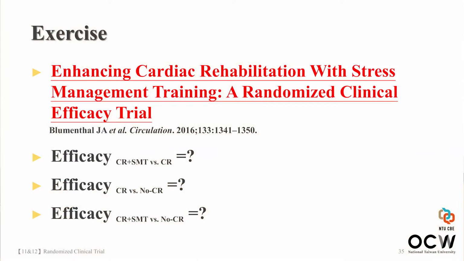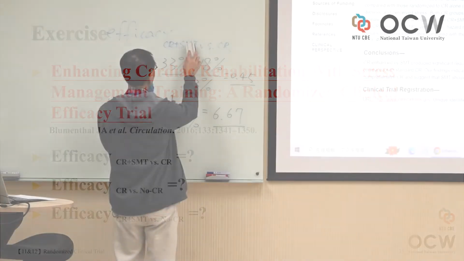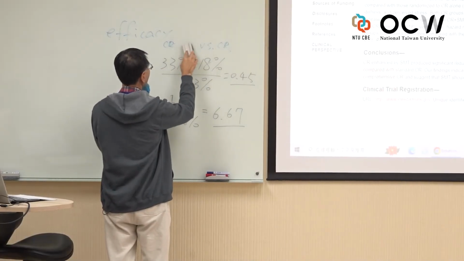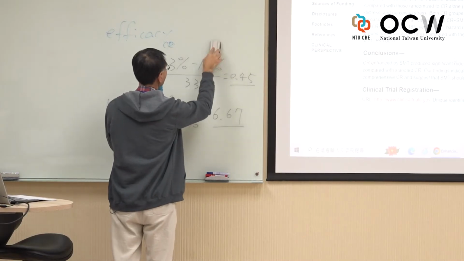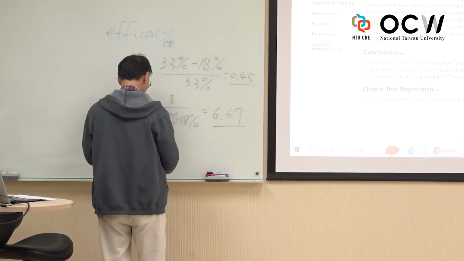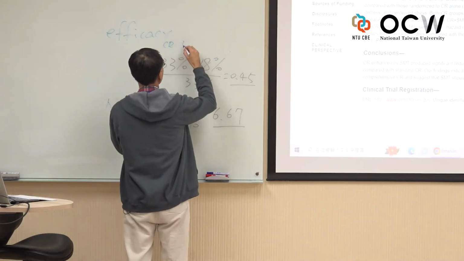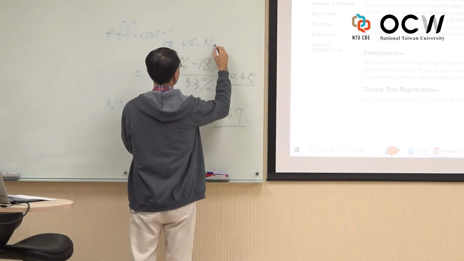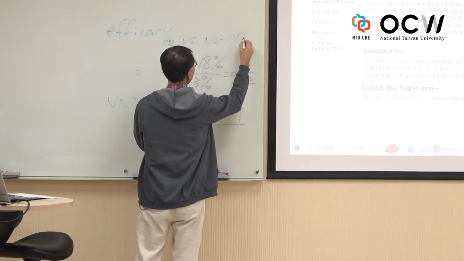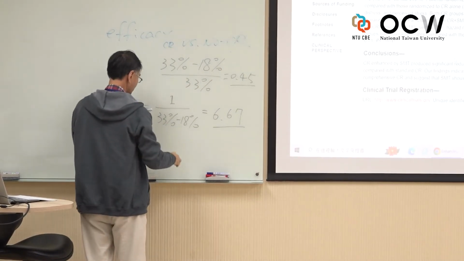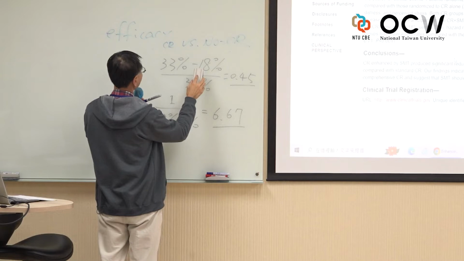Okay, so let's try the other combination, like CR to non-CR. Let's compare the traditional method to the ones who refuse to take the traditional method. CR versus no CR. So what do you see?